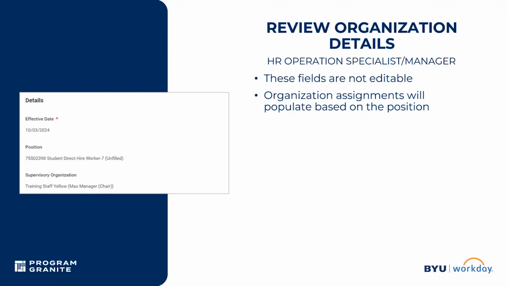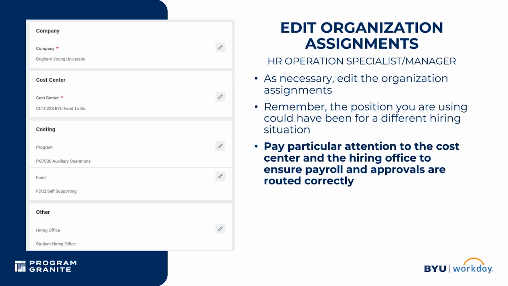It looks just like what my screen is saying, and you need to make these selections. If you selected the worker profile and you added those profile details, some of these should default, but you may need to select them. So for the English department, you might need to select English as the cost center. Here we did BYU, we did the cost center as BYU Food to Go, then the program and fund defaults. You need to select the student hiring office if it is not already selected.